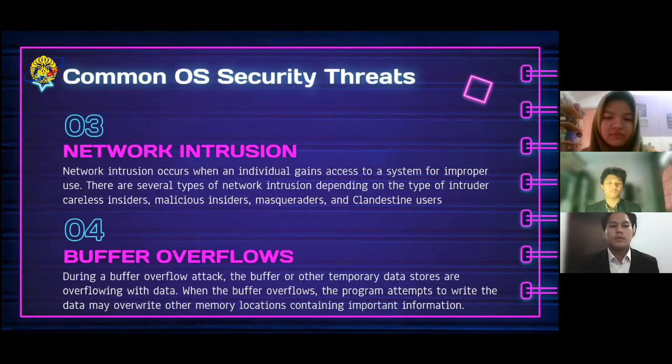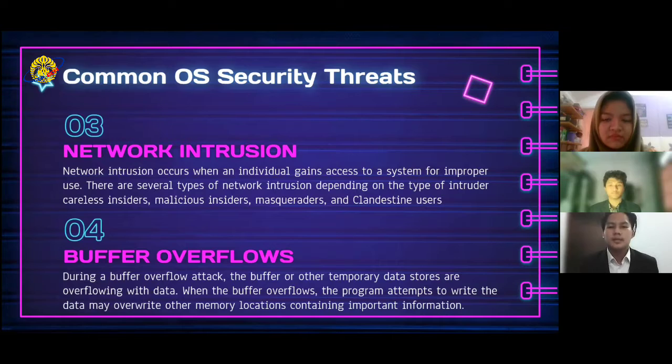Third is network intrusion. Network intrusion occurs when an individual gains access to a system for improper use. There are several types of network intrusion depending on the type of intruder. First is careless intruders. Second is malicious intruders. Third is masqueraders.